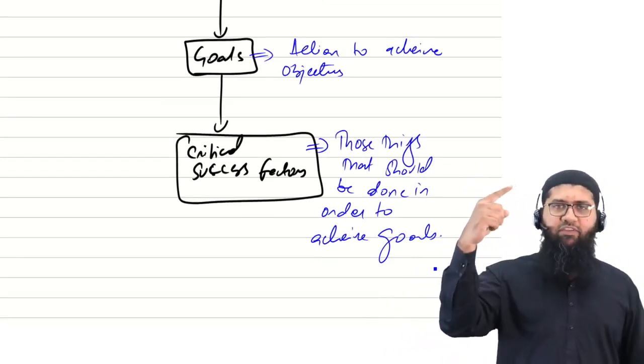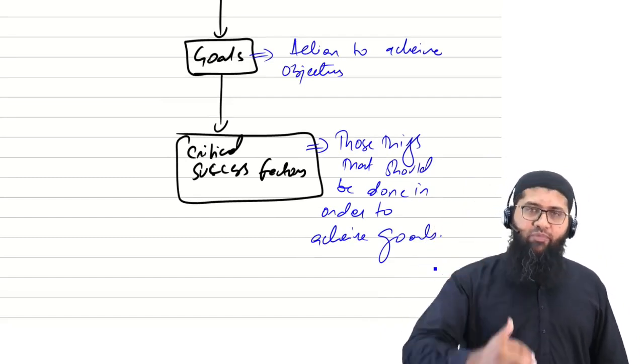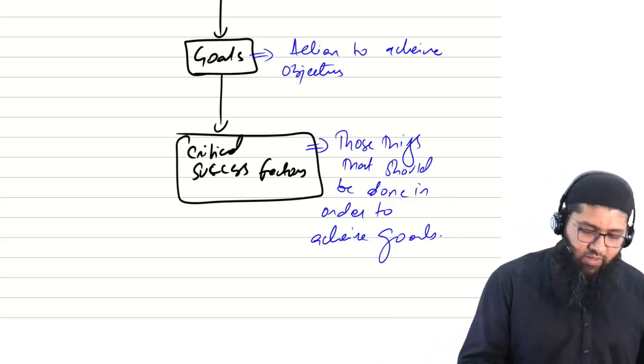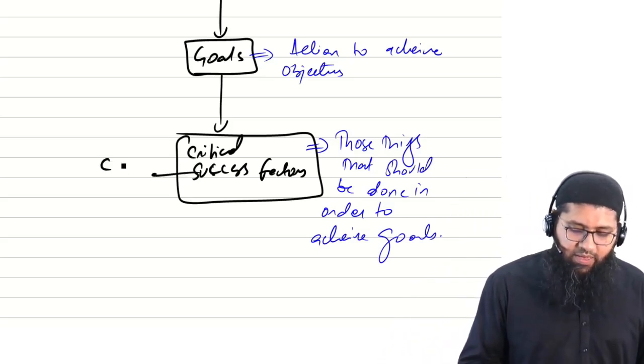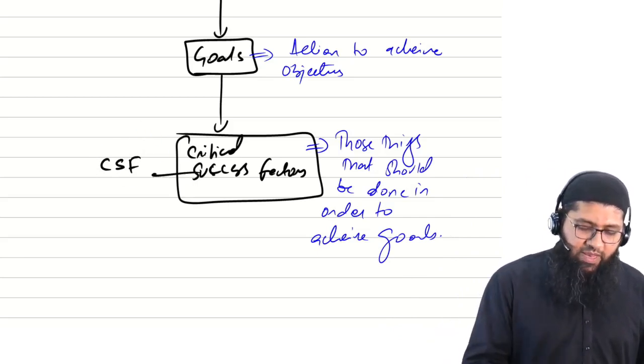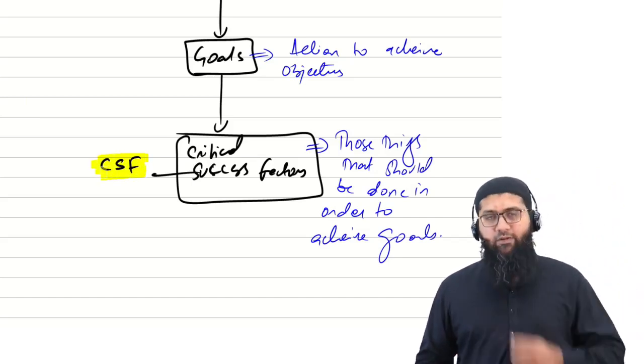You start off with a vision, it's translated into mission, mission into objectives, objectives into goals, and goals into the critical success factors. We normally call them CSF, the critical success factors.